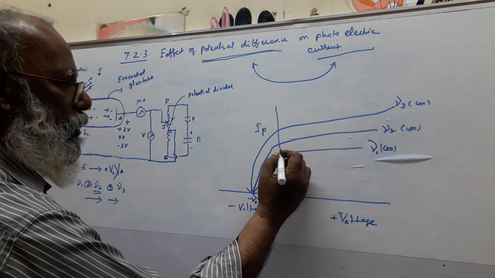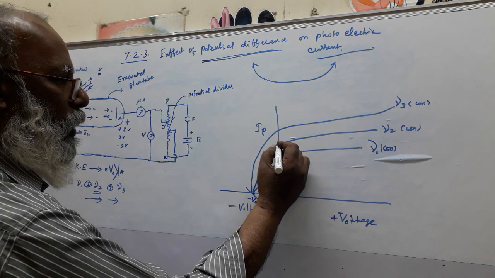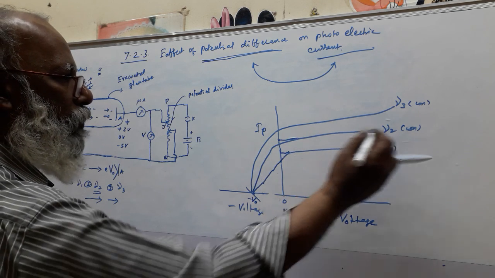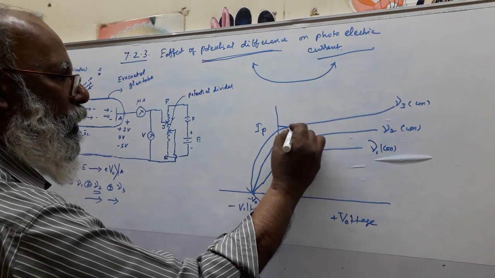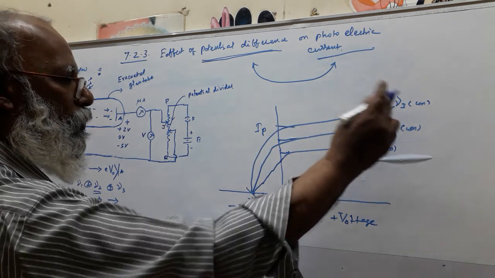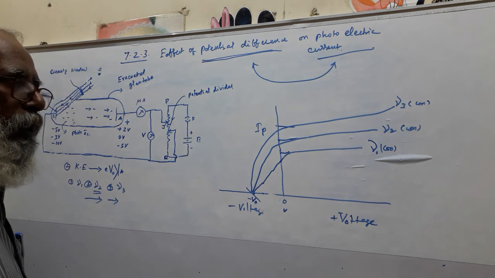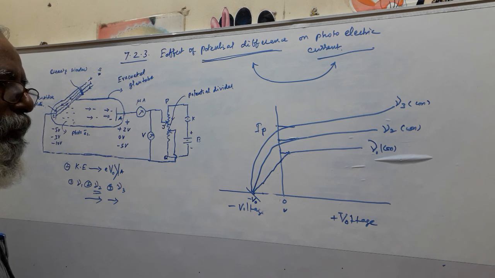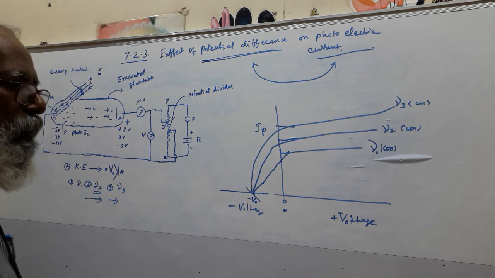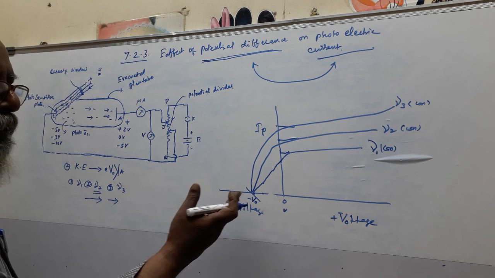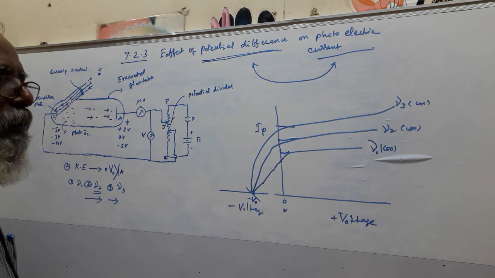This current is the saturation current for nu1, this current is the saturated current for nu2, and this current is the saturated current for nu3. The photoelectric current is raised, but there is no change in the cutoff voltage, minus V0.